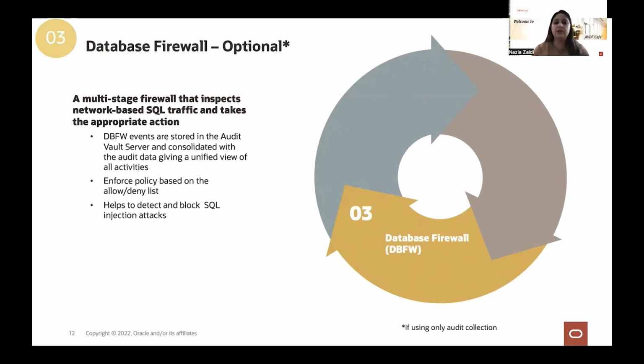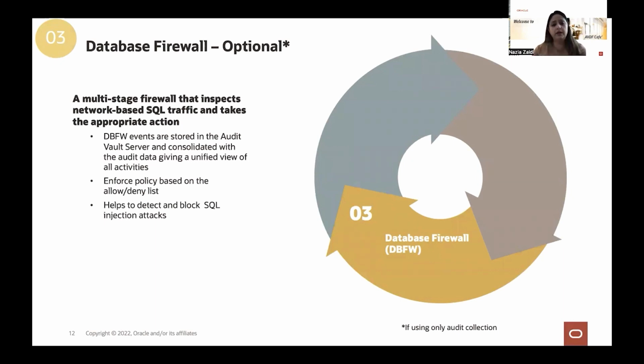Database Firewall is like a multi-stage firewall that inspects SQL traffic coming over the network to the database. It's like a first line of defense for your databases. Before a SQL statement goes to the database, the Database Firewall looks at those queries and decides whether each should be allowed, blocked, alerted, logged, or passed, depending on what actions you have defined.